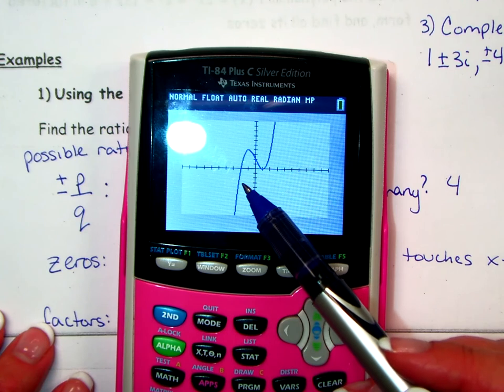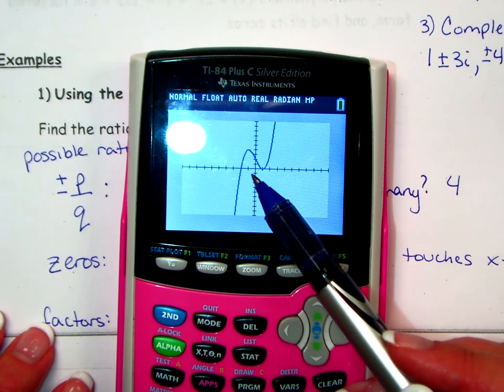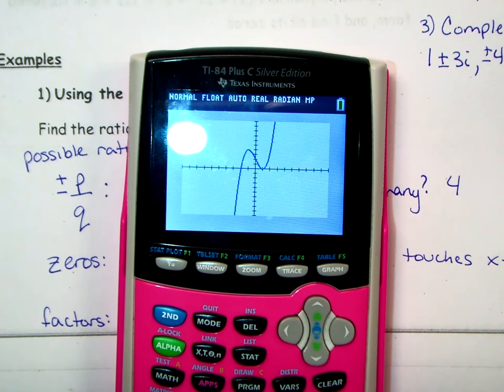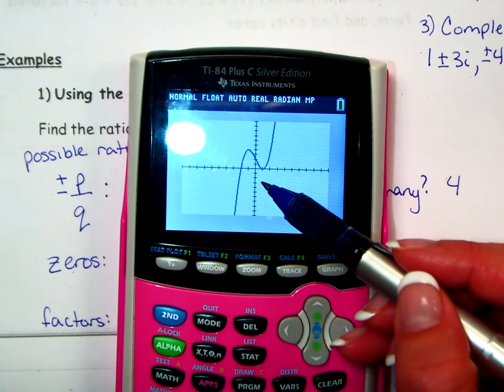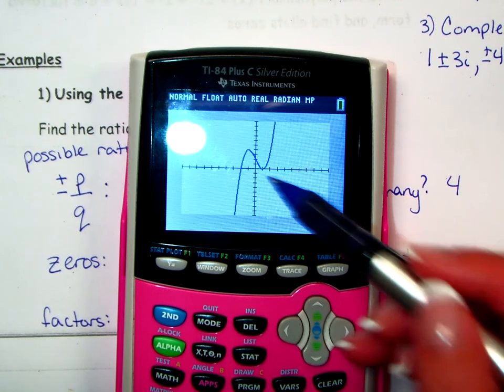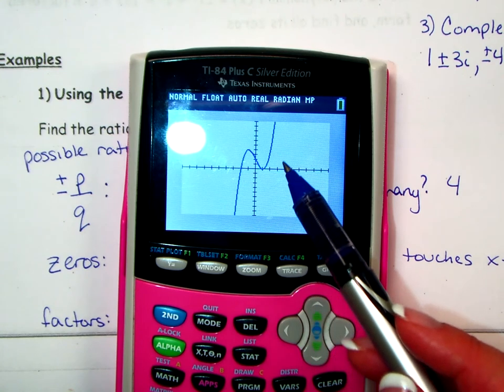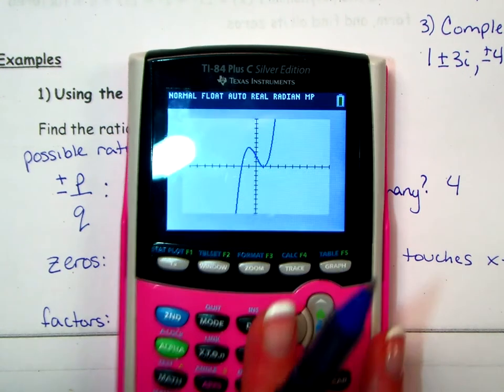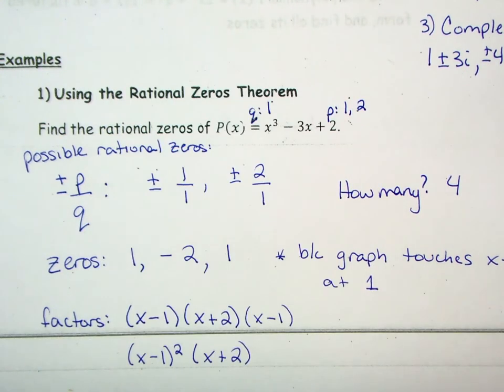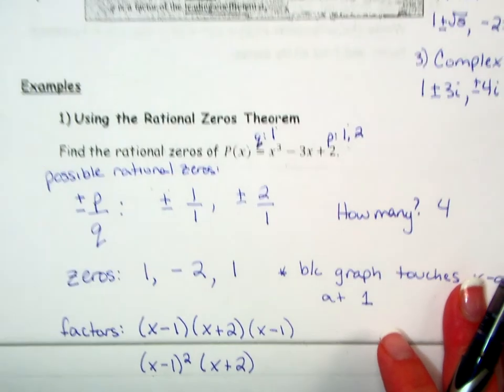Anytime it crosses in between, it's really hard to guess the right fraction, because it could be an infinite number of fractions in there. So I'm going to show you how to get those using the table. All right, let's go ahead and work more examples.